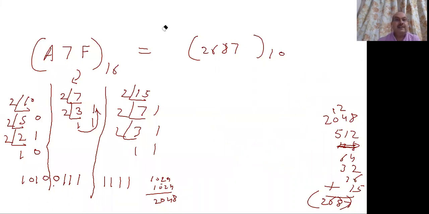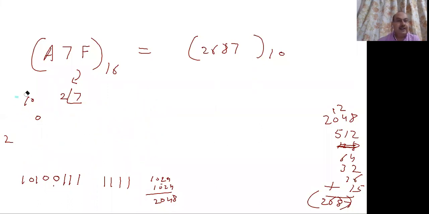Just to recheck it, I'll rub this part also to make it a little more clear. This much part is already clear to you. So it is 1 0 1 0 0 1.